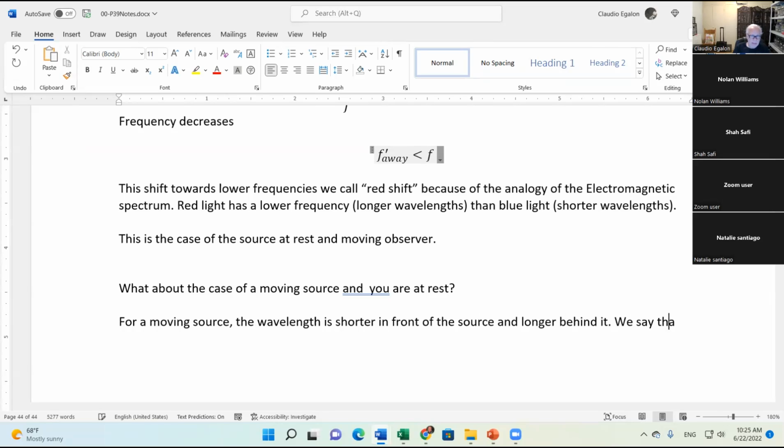We say that the moving source compresses the wavelengths in front of it.